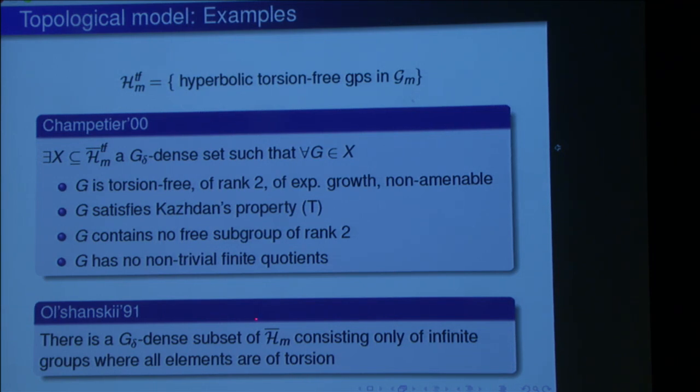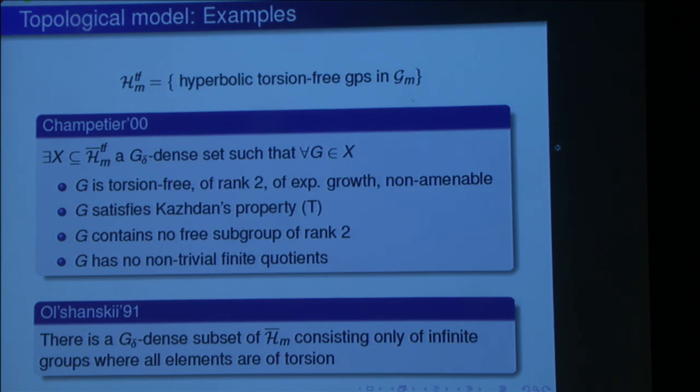But if you compare to another result, if you restrict not to torsion-free, but just to hyperbolic groups, then there is a G delta dense subset made of torsion groups. So every element has torsion, and the group is infinite. So these are a kind of monster groups in this topological model. Okay, so it is an interesting approach.